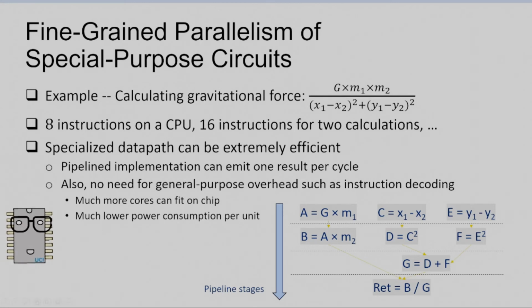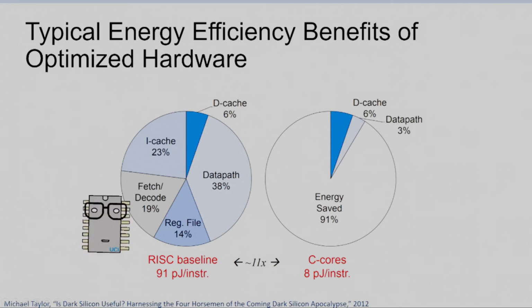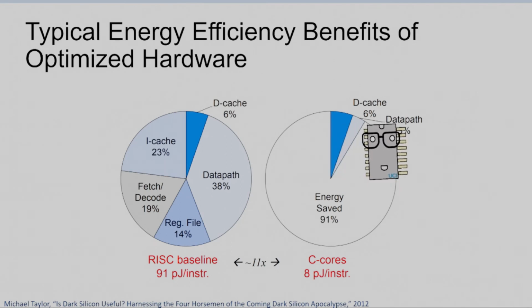So if you look at the bottom line power consumption numbers of a comparison of a general purpose processor against an optimized compute engine, at least in this one instance, and my experience is that typically the reality is even better in favor of optimized compute cores. But the power consumption of doing the actual computation, the data path, increases significantly.